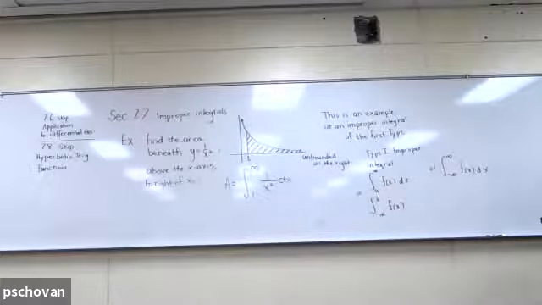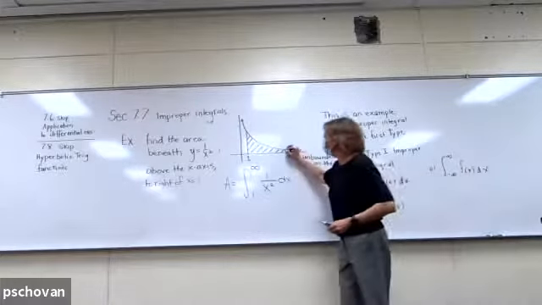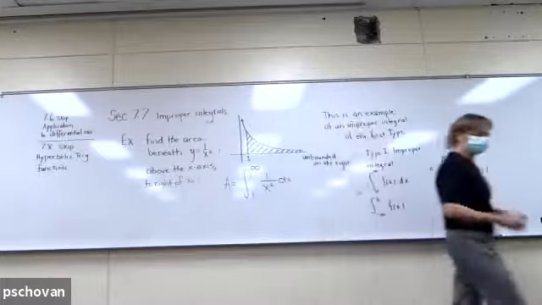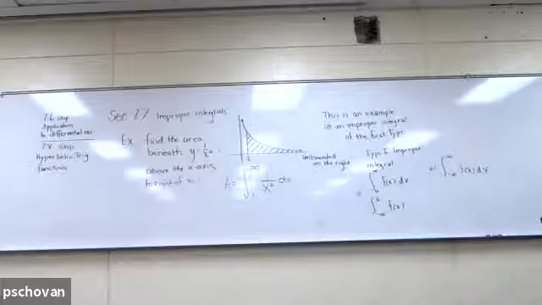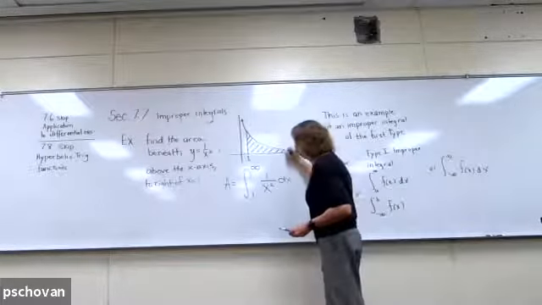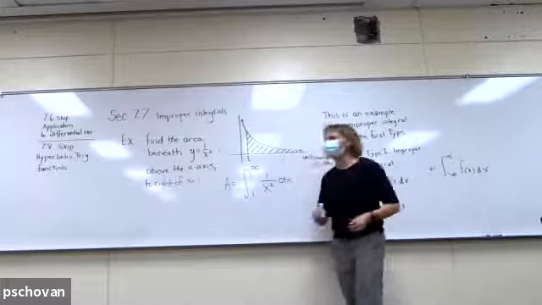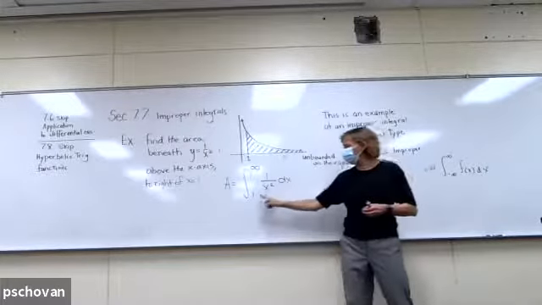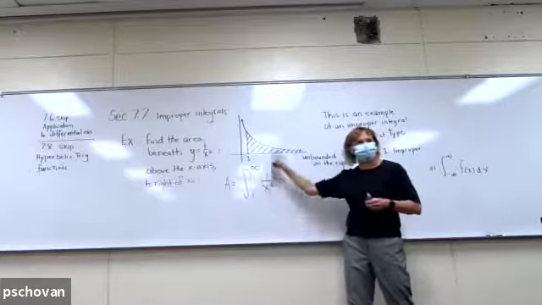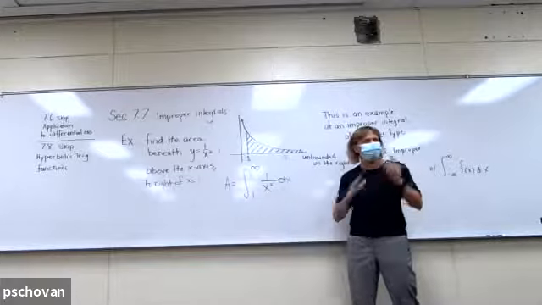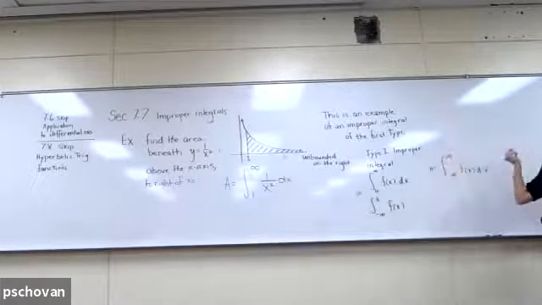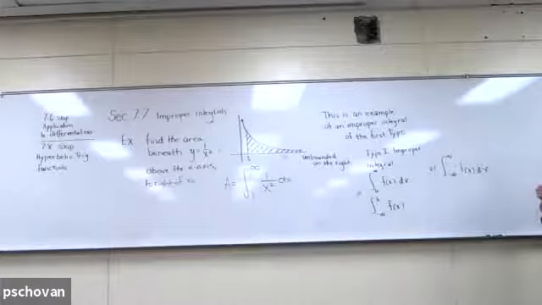They're just as dumb as a rock. You stick a vertical line in here somewhere and cut it off. Say that that's x is equal to capital N. You compute the integral from 1 to capital N, get the antiderivative, evaluate it at the two endpoints, and then take that and move it to infinity after you compute the integral.